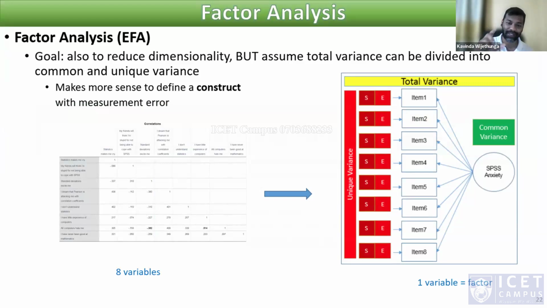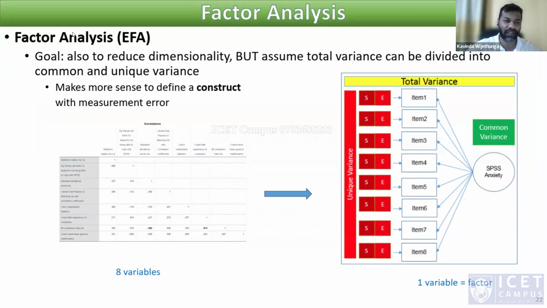This is IBM SPSS Statistics. There is another software called IBM SPSS AMOS. If you use AMOS, you can do confirmatory factor analysis, but confirmatory factor analysis is not available in SPSS Statistics, right?